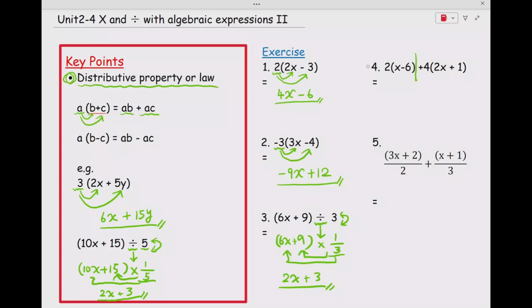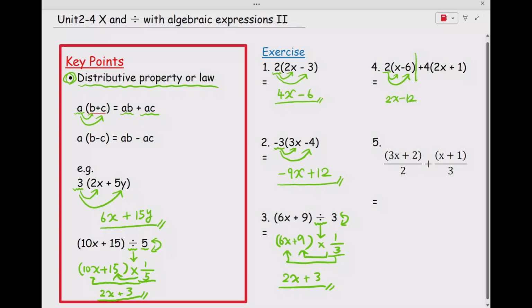Let's start with the first one, 2(x - 6). Again, use the distributive law here. Multiply the 2 outside the brackets with everything inside the brackets like this, and remove the brackets. Then we get 2x minus 12.